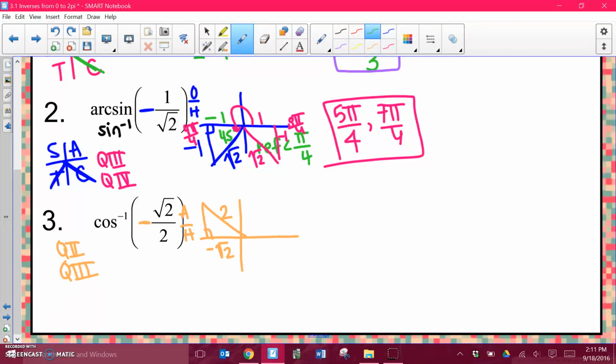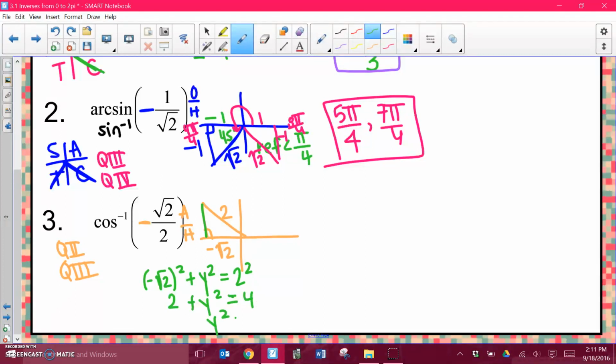So I'm going to do the Pythagorean theorem. I would get negative root 2 squared plus whatever this distance is, I'll just call it y, squared, equals 2 squared. If you square a square root, the square root goes away. If you square a negative, the negative also goes away. We still want to keep my hypotenuse positive.